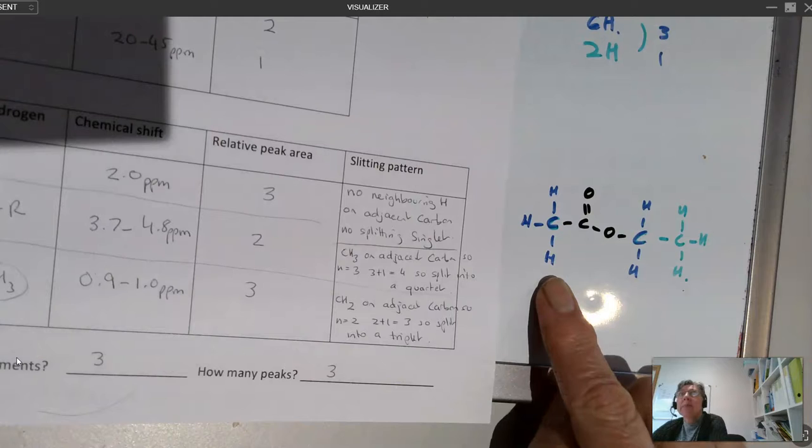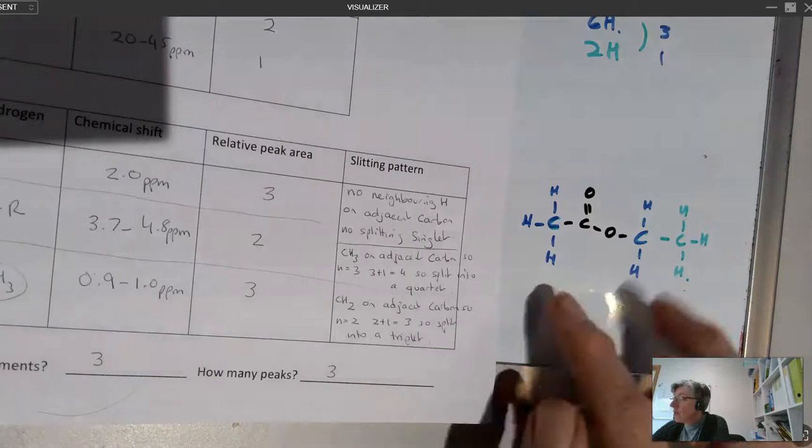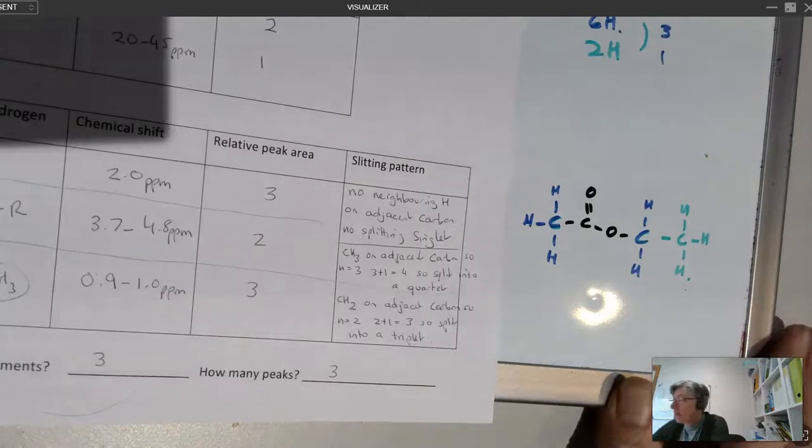So this one, there's no neighbours. This CH3, there's no hydrogen neighbours. So that CH3 on the end is different to this CH3 over here. And then, because that is next to a CH2, and this is next to the ester group. So there's 3 different hydrogen environments.